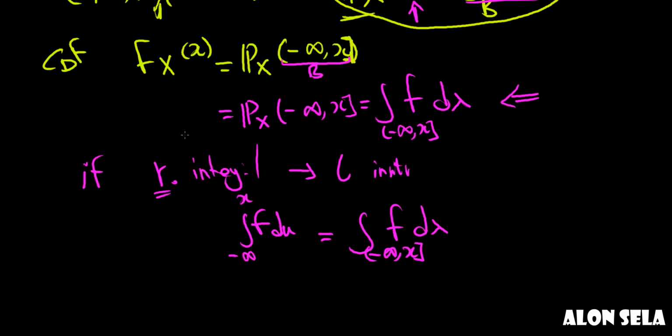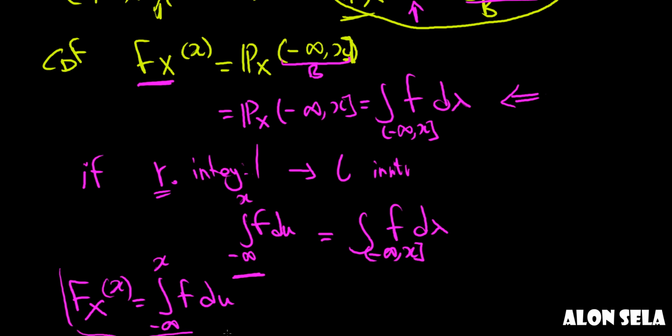So as you can see, we started here, and actually we got to this result. So we got to this result, the cumulative distribution function, the CDF of x, is given by this integral from minus infinity to x over the function f d mu, and this is something I guess you are already familiar with.